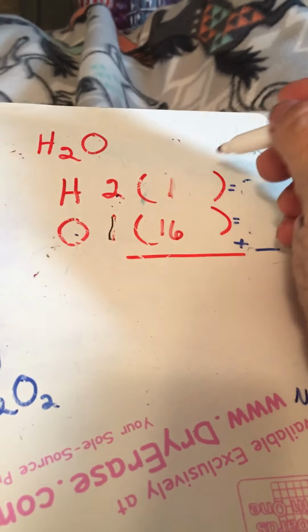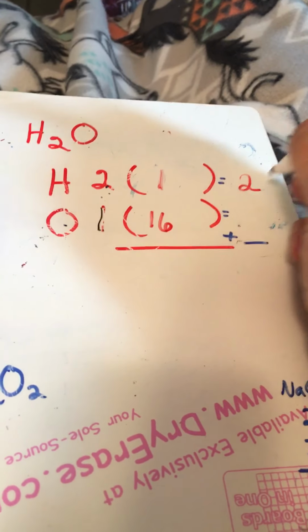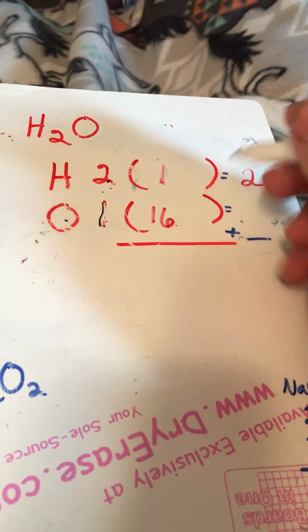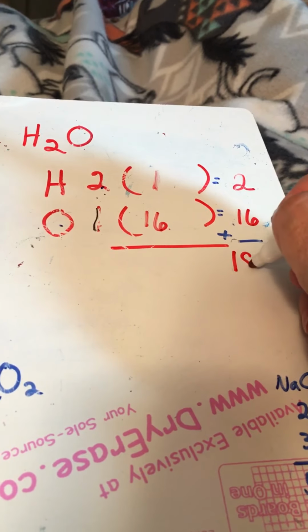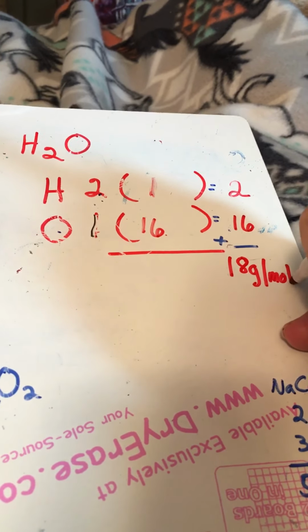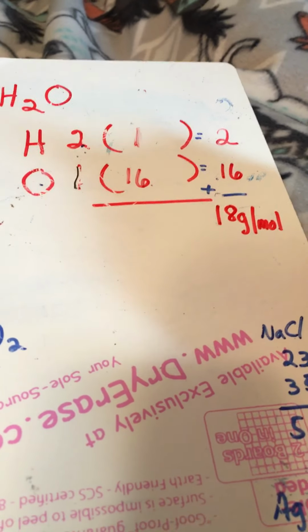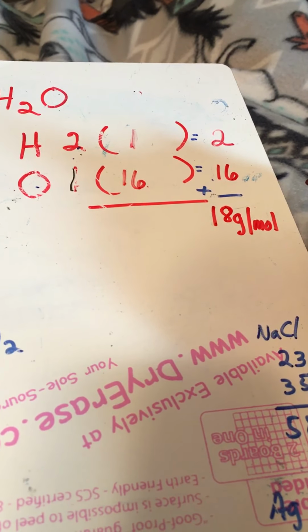We have 2 hydrogens, so now we have to multiply 2 times 1, that's 2. And we only have 1 oxygen, so that's 16. Add them together. 16 plus 2 is 18 grams per mole. So if I wanted to get 1 mole of water on a balance, I would weigh out 18 grams of it.